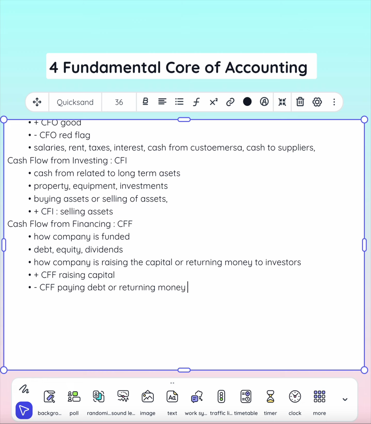So the key items are borrowing money, repaying loans, issuing stock, buying back stock, and paying dividends. Okay, so this all comes in the cash flow from financing.